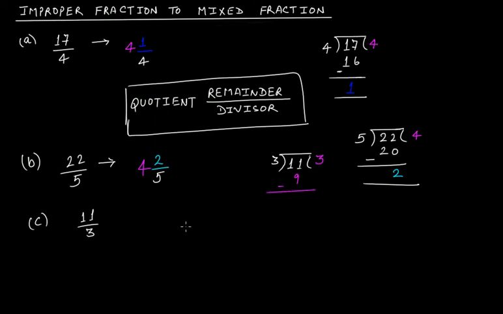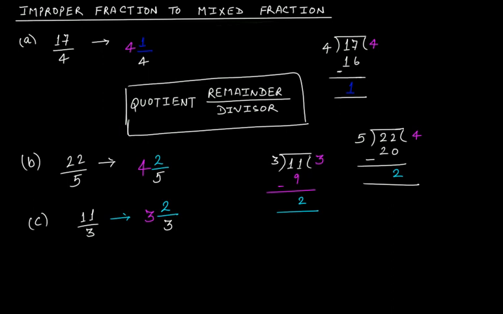If you subtract it, then this will be 2, right? So the mixed fraction of this improper fraction will be: you write 3 first, that is the quotient, then remainder 2, and then this divisor 3, right?